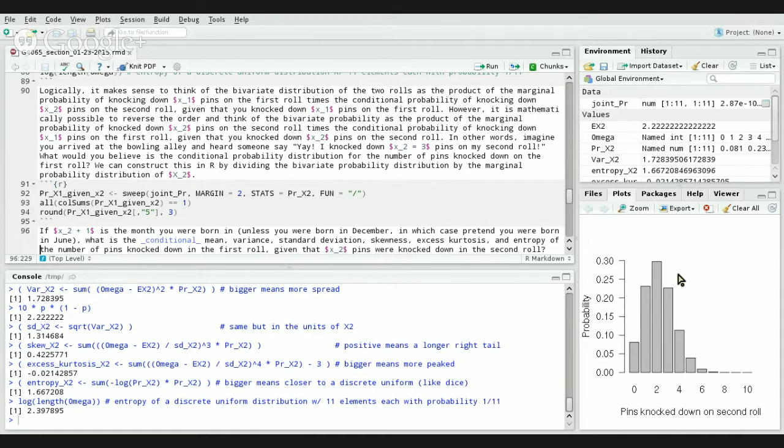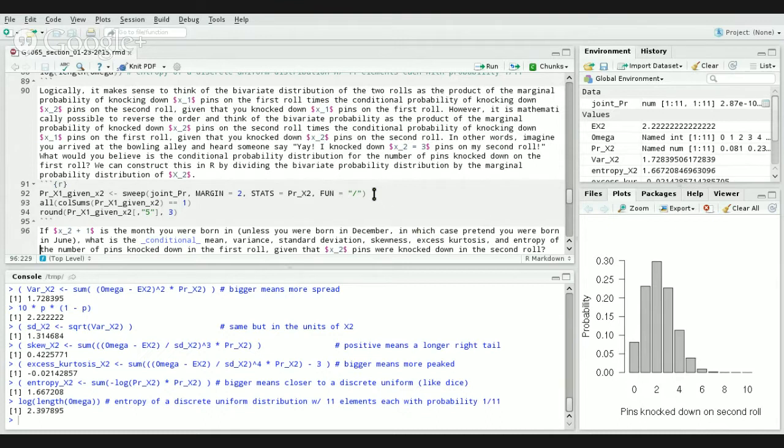So we can construct this conditional probability distribution for the number of pins knocked down on the first roll, given however many pins were knocked down on the second roll, in R, by dividing the bivariate probability distribution by the marginal probability distribution of knocking down x2 pins on your second roll.